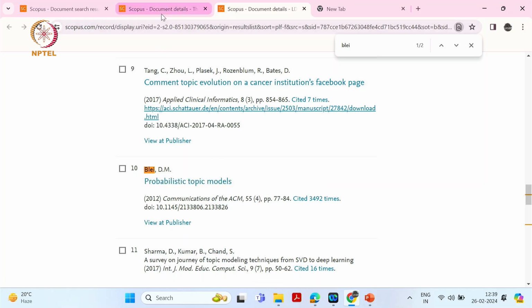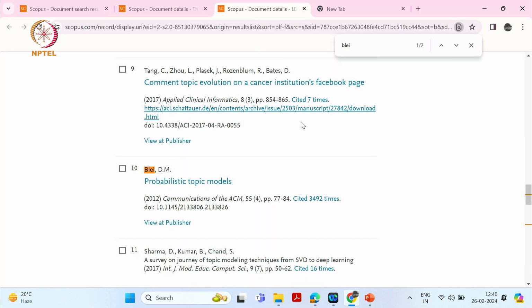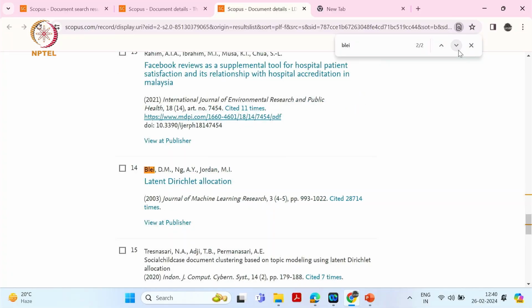Okay, and similarly here also those two documents have been cited together. So how do we describe the co-citation analysis of these two documents? We will say that the documents titled probabilistic topic models and latent Dirichlet allocation are co-cited together in two documents.